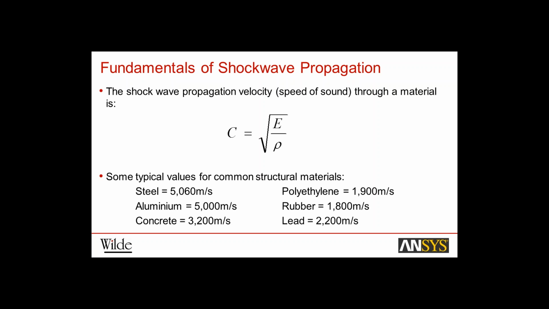Just looking at some of the numbers for some typical materials, the range for speed of sound is from steel, say 5060, all the way down to rubber, which is 1800 meters per second. So that just straight away gives you an idea of the speed at which the load is transferring through our structures.